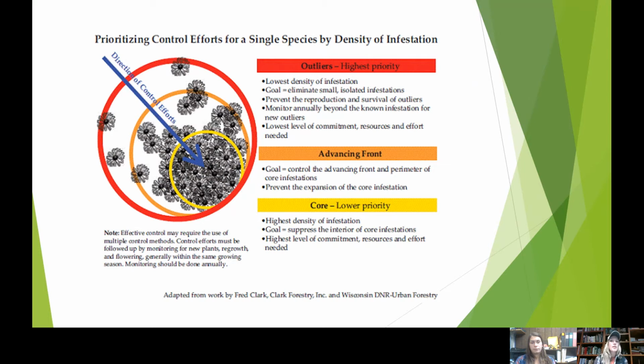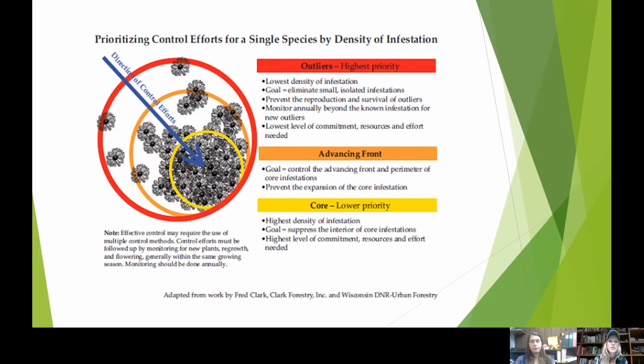You want to focus on those outlier, those satellite infestation populations first, because those are what are going to become your next epicenters, your next core infestation zones. So focus on removing invasive species on your property from areas where you still have other desirable species growing, and those invasives haven't really had a chance to spread to the detriment of those other species yet, and work your way towards that core zone.